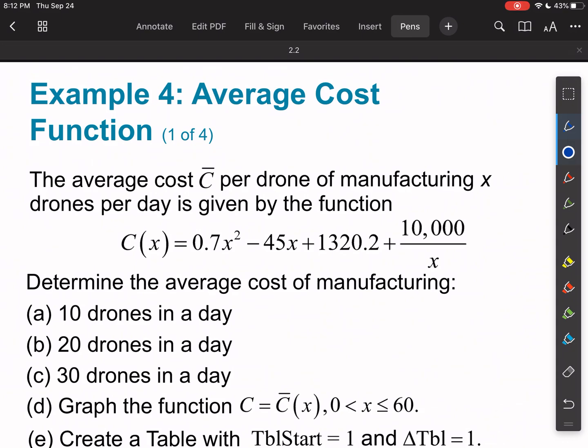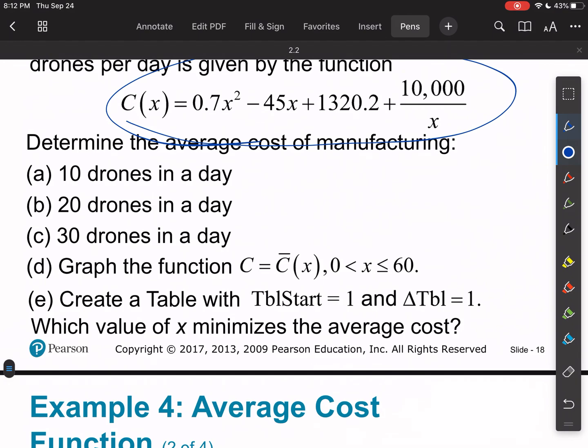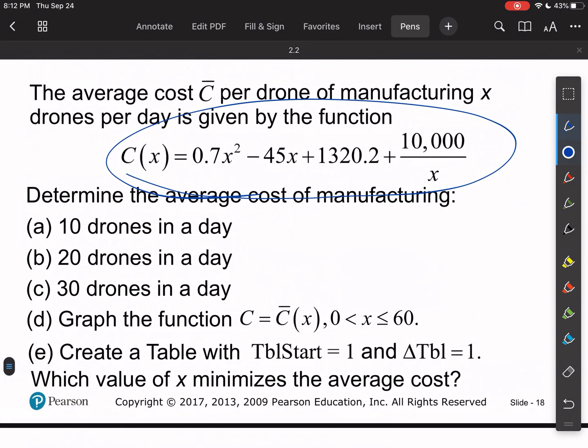So the average cost C per drone of manufacturing x drones per day is given by this function. All right, so this is the manufacturing function of drones manufactured per day. It says determine the average cost of manufacturing 10 drones, 20 drones, 30 drones, etc. Okay, so a couple things that we could do here, guys.